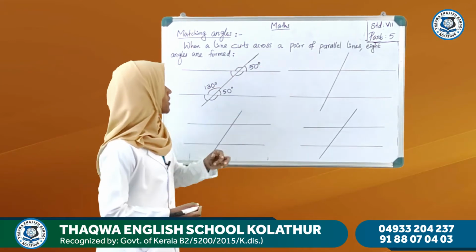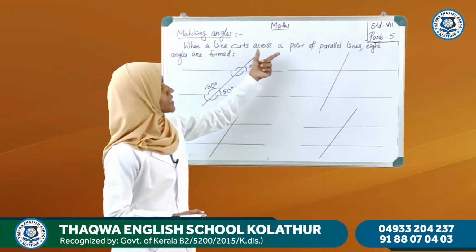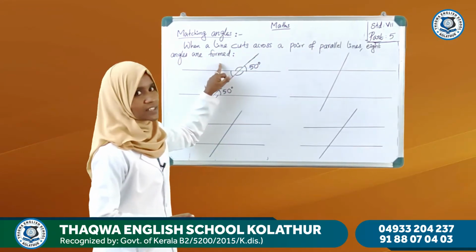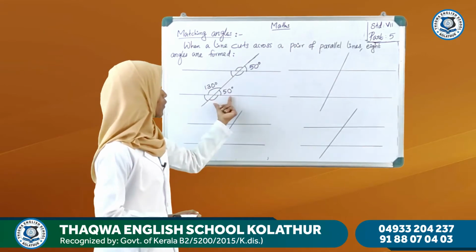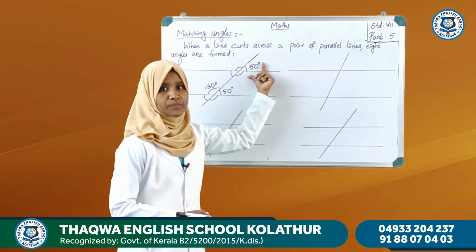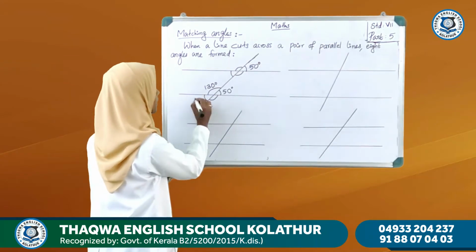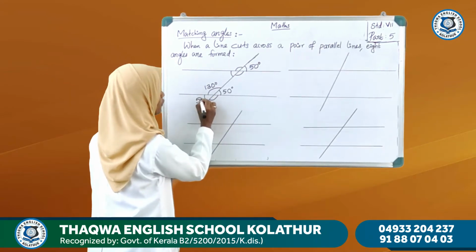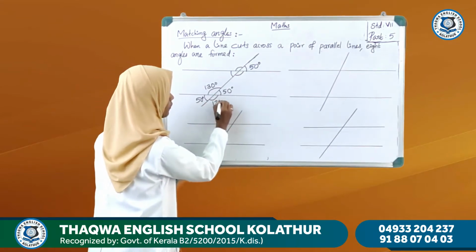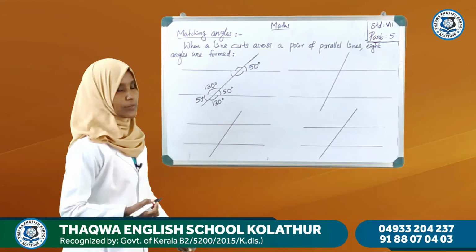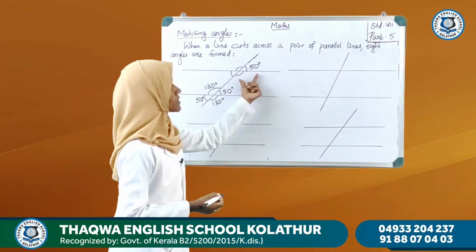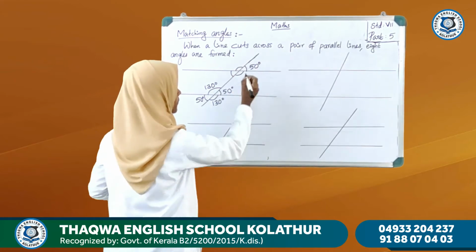How do we get this? A line cuts across a pair of parallel lines, and a total of 8 angles are formed: 4 at the bottom and 4 at the top. Here 50 degrees, then next here is 130 degrees. The same way we can find the angles at the top.